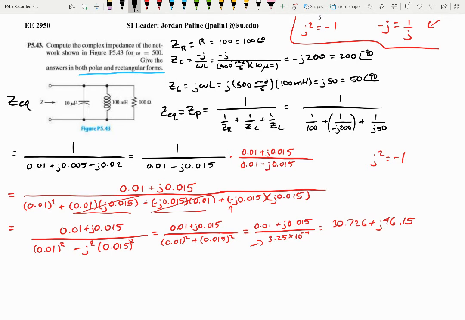So I'll just write that up here, I guess. Theta is equal to tangent inverse y over x. And what would that give us? And then I'll write z as square root x squared plus y squared.